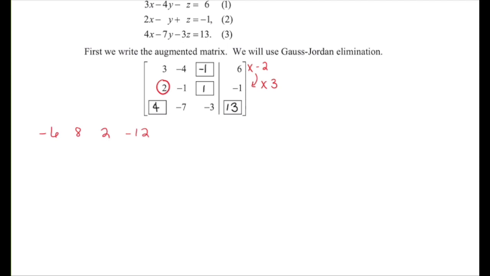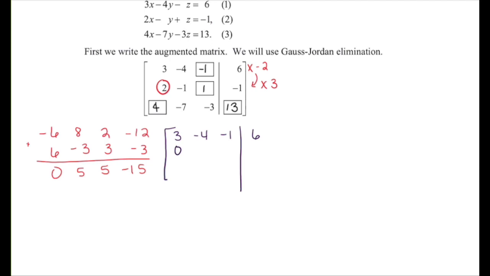Multiplying the middle row by 3, we have 6, -3, 3, -3. And when we add, we have 0, 5, 5, and -15. I'll still have 3, -4, -1, 6.